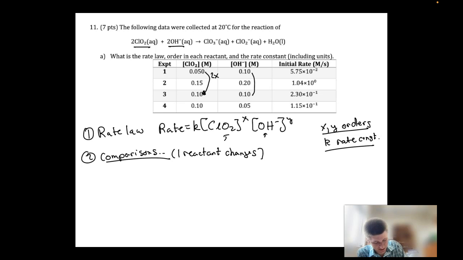OH minus, we can see 0.1 to 0.1 is unchanged, or no difference there. So that means that the effect we saw on the rate is going to be all related to the ClO2 concentration change. For what happened to the rate, we went from 5.75 times 10 to the minus 2 to 2.3 times 10 to the negative 1.